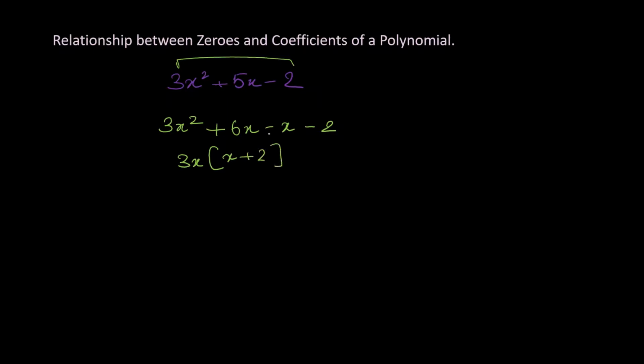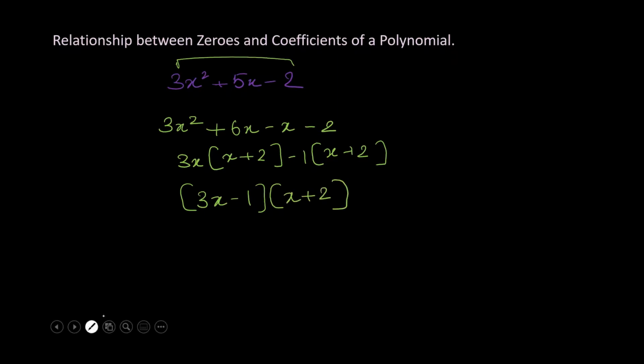Here we don't have anything common, so let's take minus 1 common because there's a minus. I'll get x plus 2 here. Now let's take 3x minus 1 as further common, and that will leave x plus 2. Now after we have reached this, we can find the zeros by writing that 3x minus 1 is 0, so x is 1 by 3.